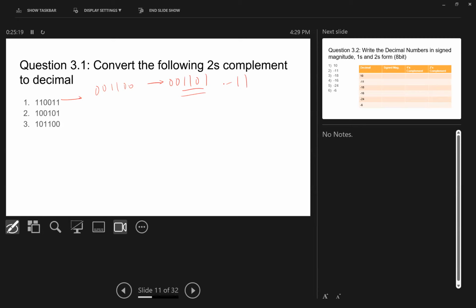That's the first method we can do, or we can use the unified representation for 2's complement numbers. How could we get this? If we want to transform this 2's complement to decimal, according to the binary representation here, we have negative 2 to the 5 in our decimal representation.